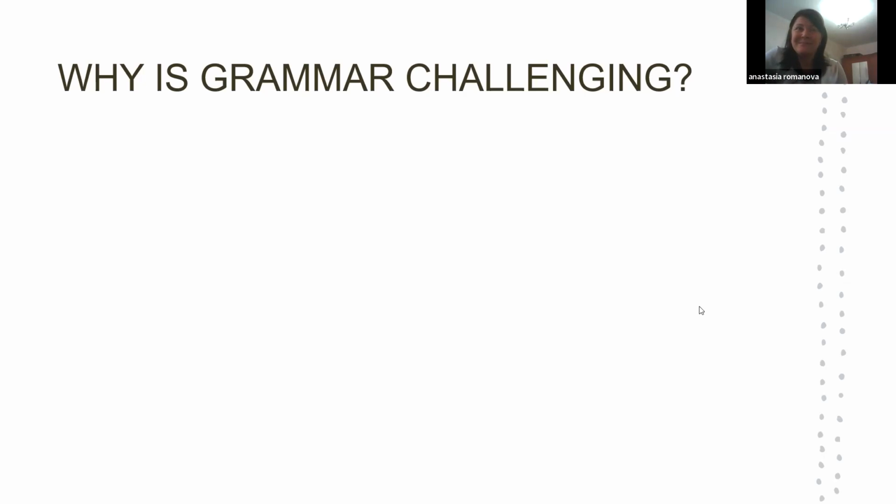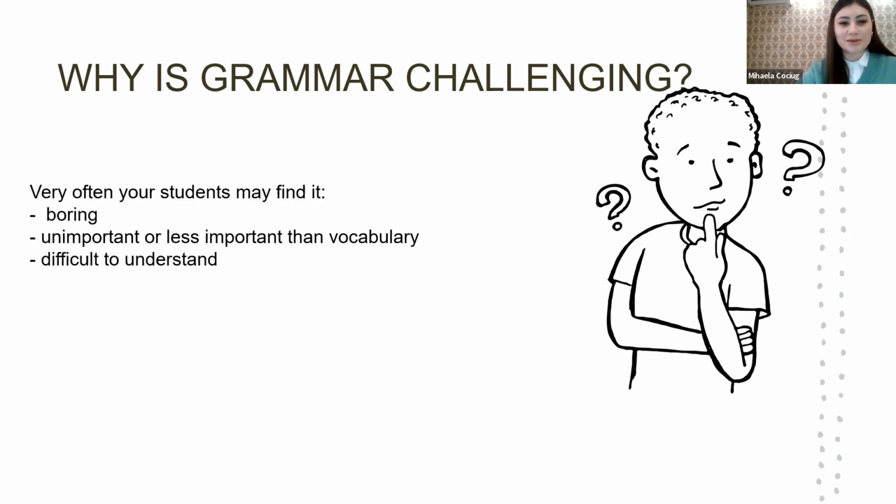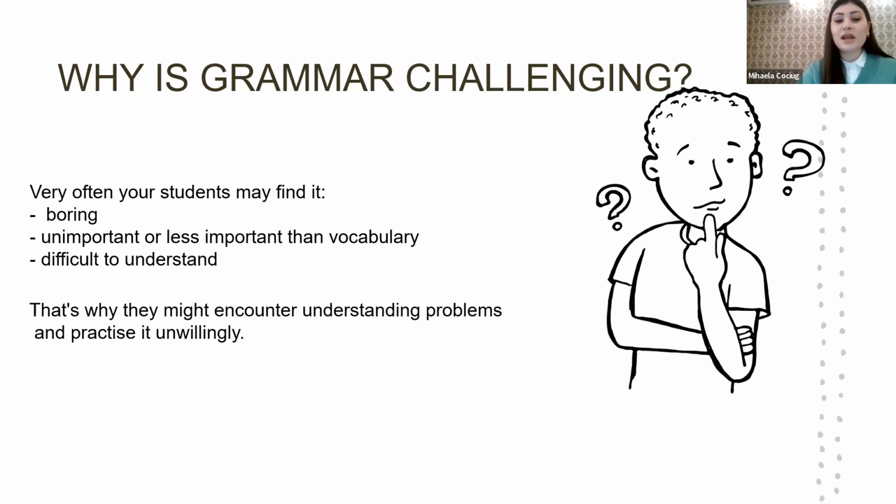Too many rules. These are some of the reasons I wrote. So very often your students may find it boring, unimportant, or less important than vocabulary, and difficult to understand. That's why they might encounter understanding problems and practice it unwillingly.